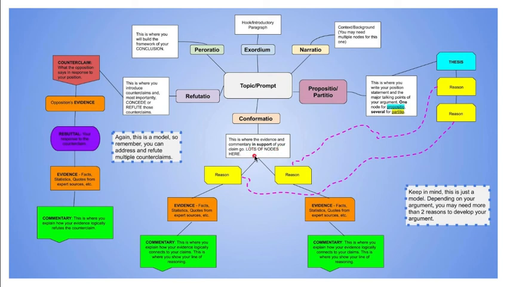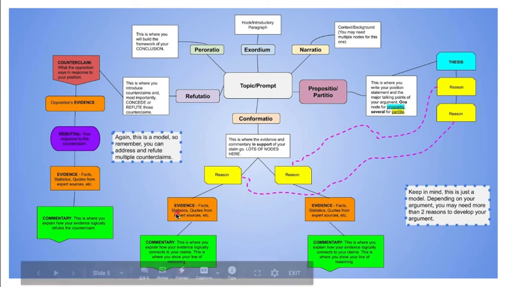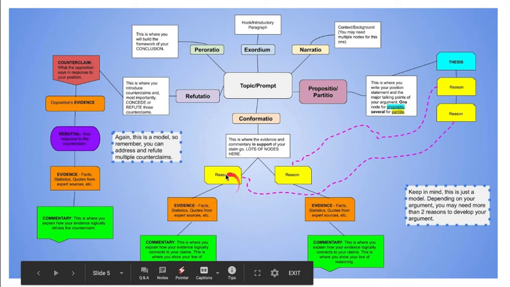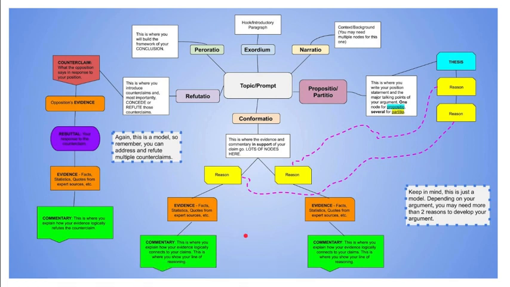So you want to make sure that these are reasons that support your claim, and that you have factual, statistical, ethical evidence from expert sources that is going to help bolster these reasons and this overall argument. Where the readers are looking for your thinking is in the commentary section. How you explain your evidence, how you show how it logically connects back to your claims, is how you show your line of reasoning.